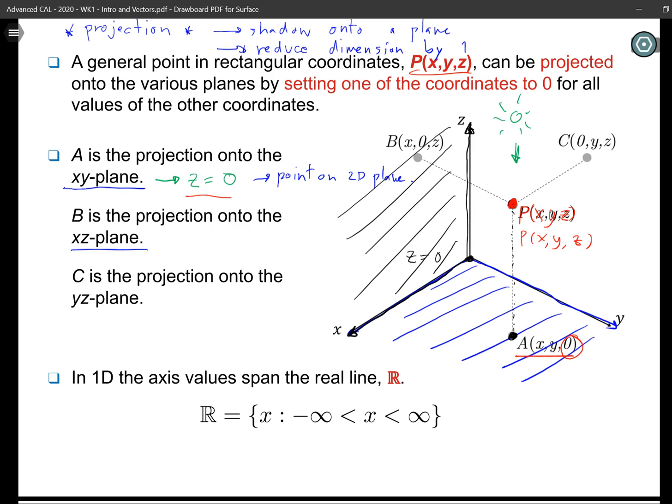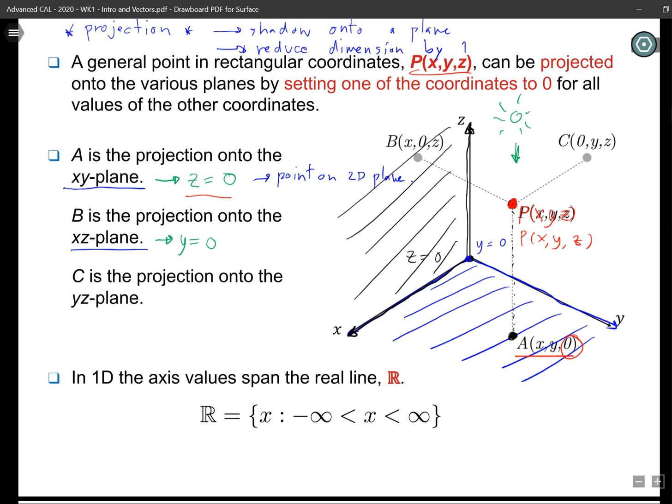Alright, and when you see this plane, you know right away that on this plane, this Y value is equal to 0.